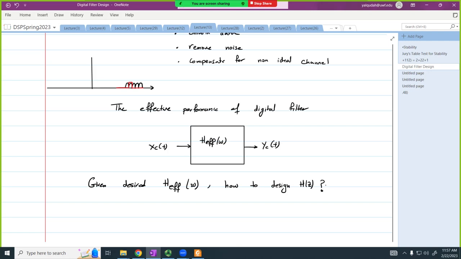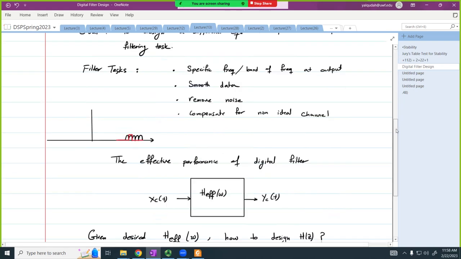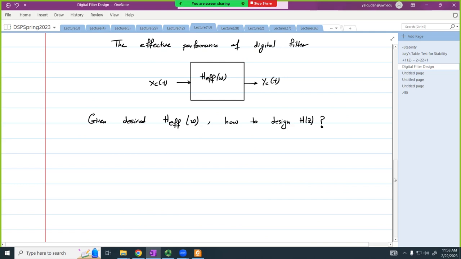So you give me a signal, an input, you give me an output. Therefore, this filter is needed to go from this input to the output. I want to be able to find H of Z such that when I plug in H of Z in the block diagram that I had above, H of Z is going to act as if it was an H effective that I have here. Okay?